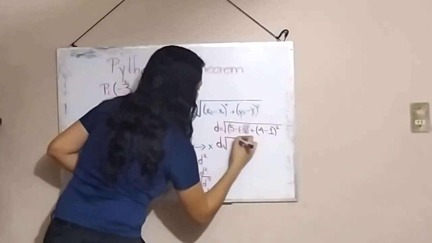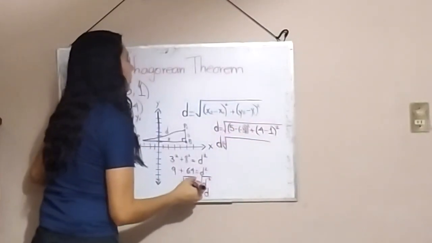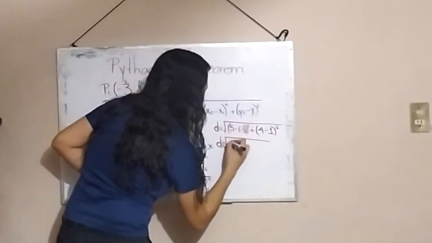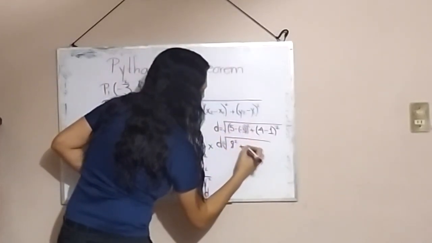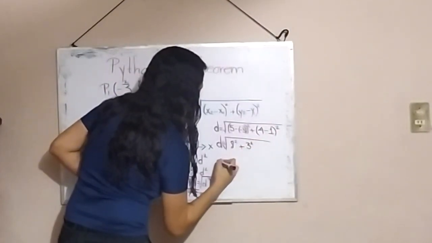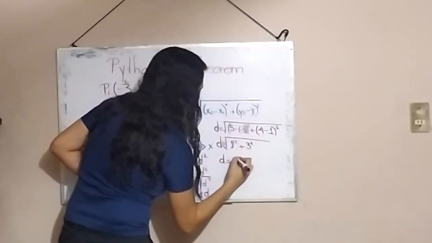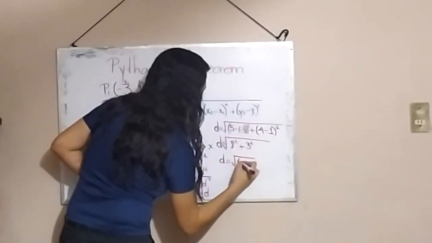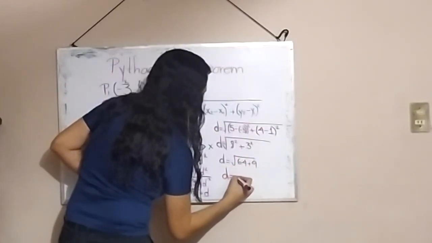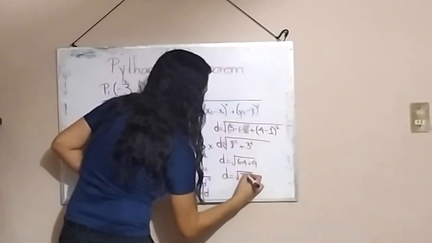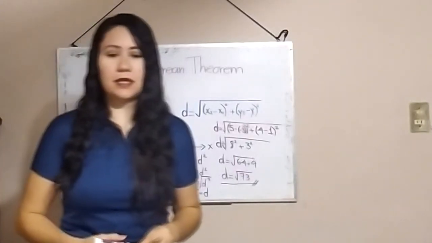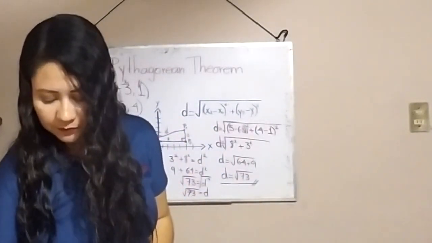The distance equals the square root of 5 minus negative 3 equals 8 squared, plus 4 minus 1 is 3 squared. The distance equals the square root of 64 plus 9. The distance equals the square root of 73. We have proven that we get the same result.